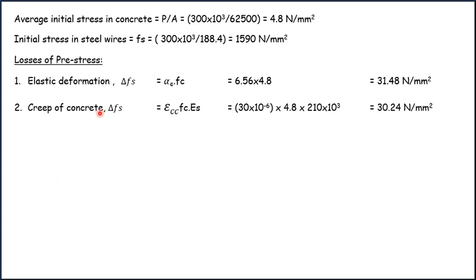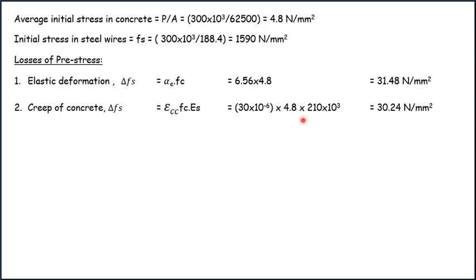Creep of concrete, delta Fs, is equal to epsilon Cc, creep of concrete, Fc into EC. Here the creep of concrete is given as 30 into 10 raised to minus 6 mm per Newton per mm square of stress.